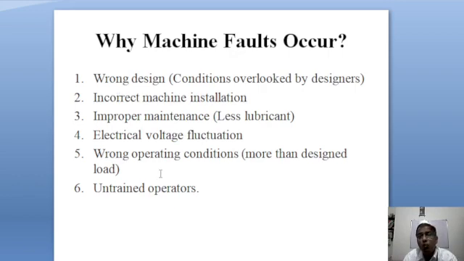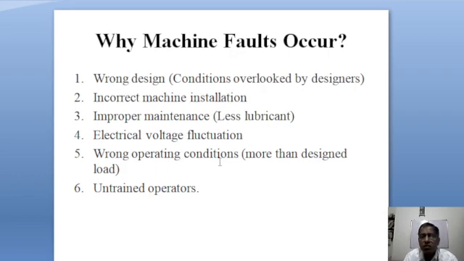Then electrical voltage fluctuation is also very important. Because of the electrical voltage fluctuation, unnecessary shocks are experienced by the machine, and these shocks may lead to machine component damage. Then wrong operating conditions.